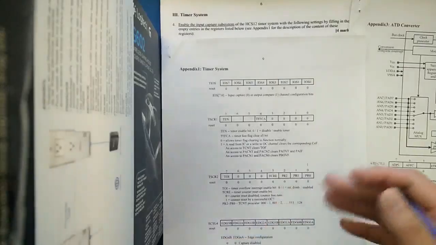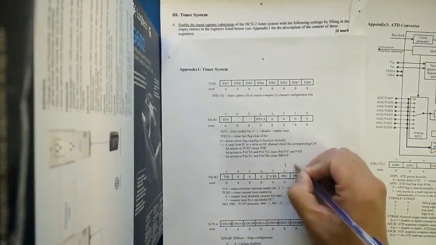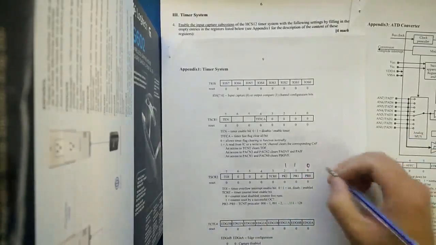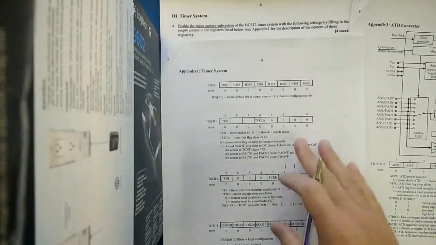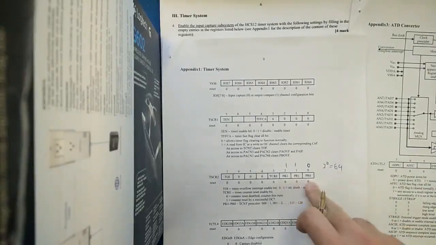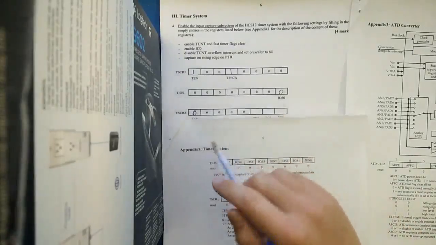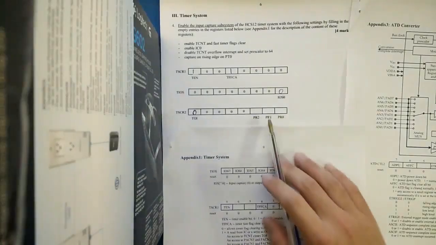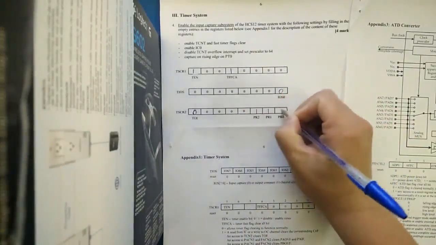So if I do 6, 2 to the power of 6 is 64. 6 in binary is 1, 1, 0. So we disable the timer overflow interrupt, and we set the prescaler to 64, so it's going to be 1, 1, 0.